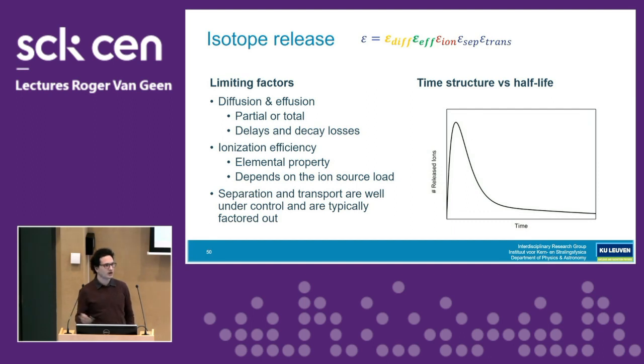As we said, refractories don't come out, but also delays that lead to decay losses. Then you have to consider your ionization efficiency, which depends on your element and on your ion source load. So you're going to have to find a solution for that. And then you have the separation and transport that are well under control. And remember this time structure which plays against the half-life.